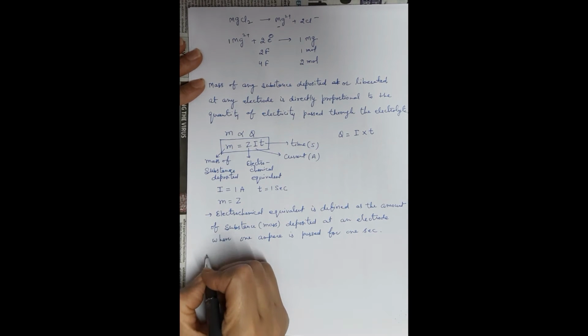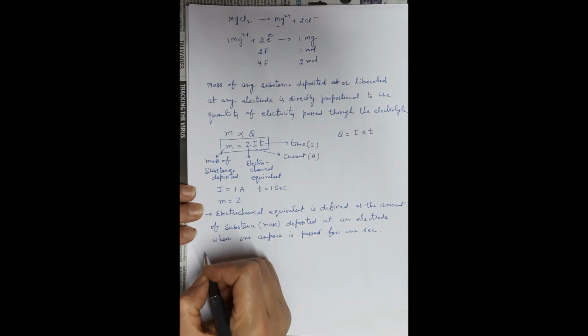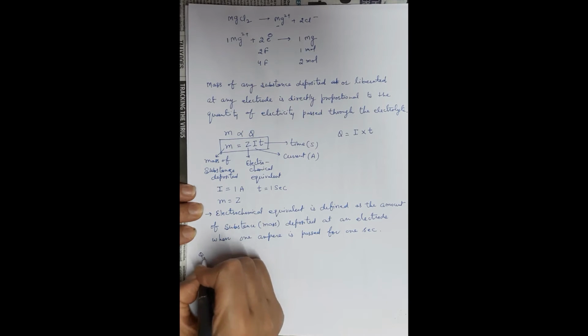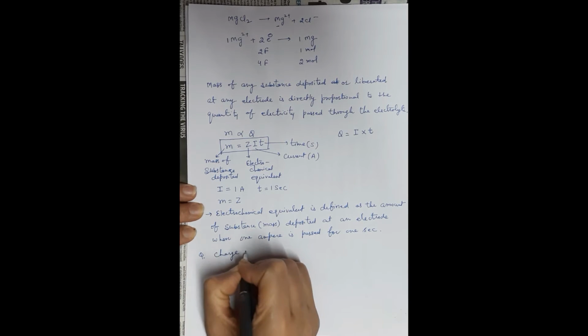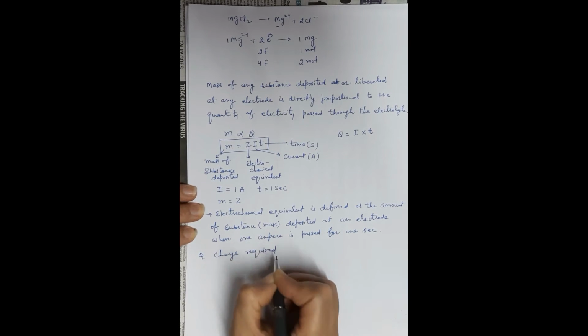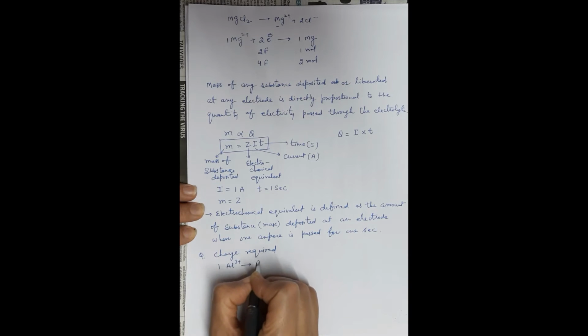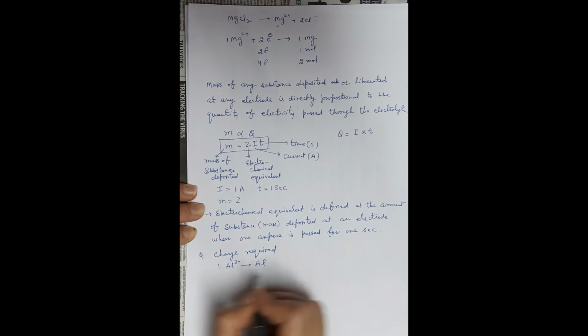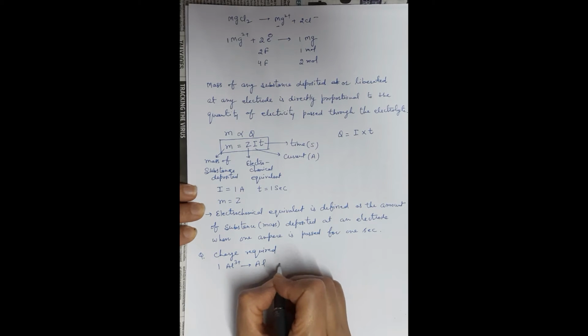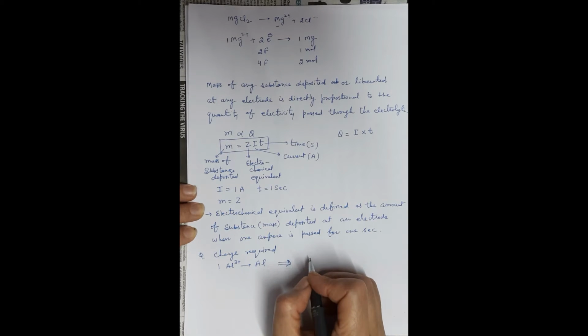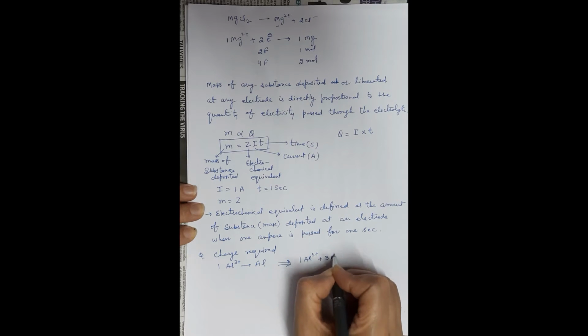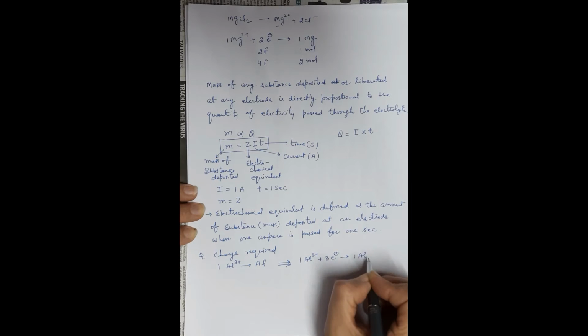Beta, I would like to discuss some questions. Like the question is, how much charge is required for converting one mole of aluminium ions to aluminium? You will say this implies when 1 mole of aluminium ion gains 3 moles of electrons, then 1 mole of aluminium is produced.